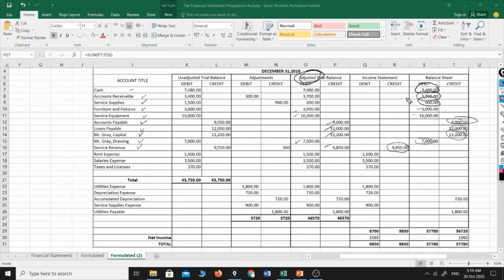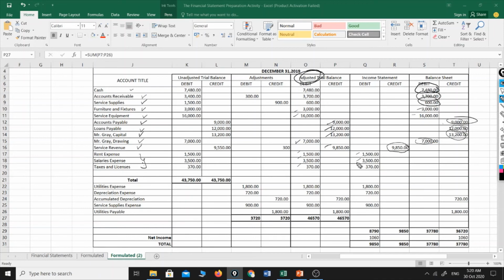Also credit side, so it should also be on its credit side under income statement. So for the expenses, rent expense, salaries expense, and taxes and licenses, all of these account titles are expense accounts. So this one, we will just extend to the income statement section, of course, debit side. So it should also be located on the debit side under income statement.